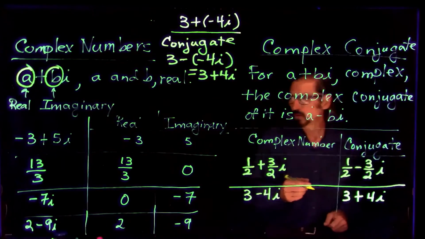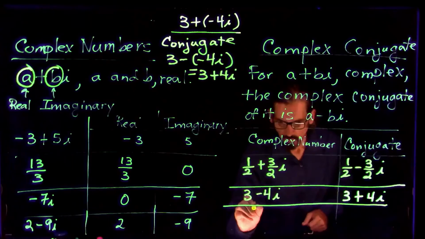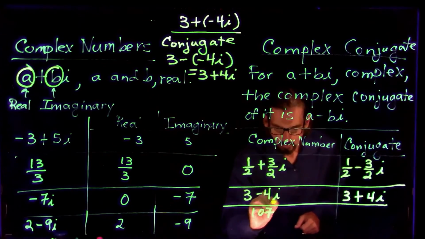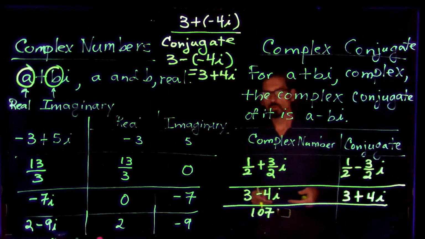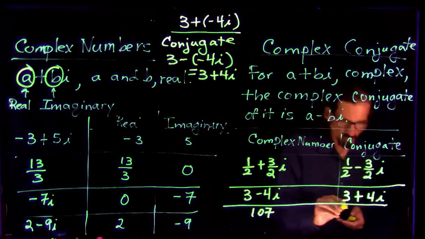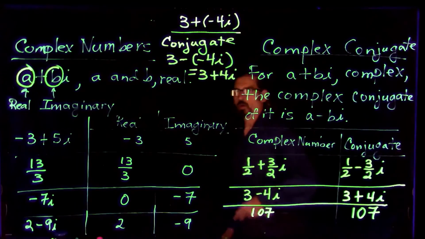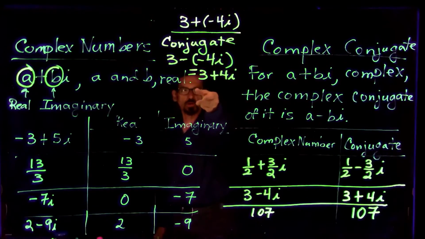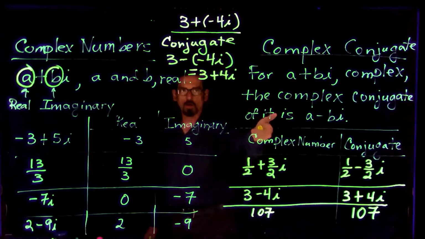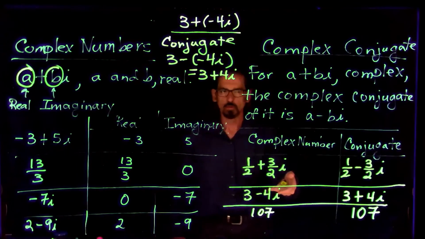If we have 107, there is no imaginary part. So its complex conjugate is just 107. Again, you could go through some extra stuff here and say, well, the imaginary part of 0 was negative 0. It's still 0.